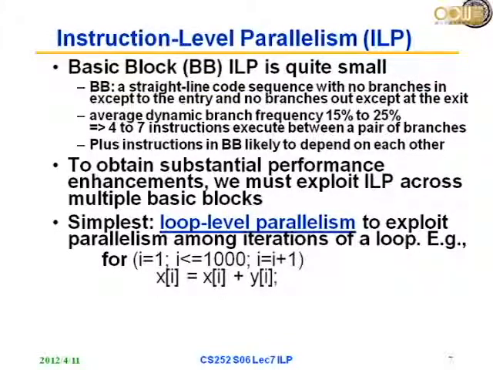Okay, so we must explore ILP across multiple basic blocks. Next, simplest is loop-level parallelism. Loops are easy to deal with because 90%, maybe 99% of the time, the loop will iterate back.